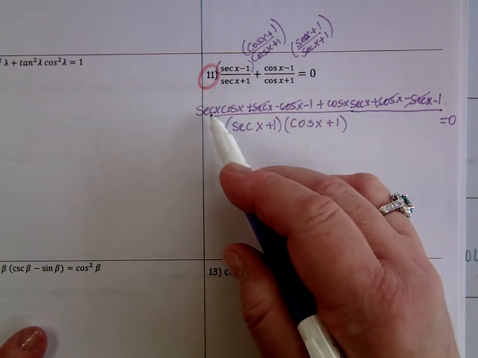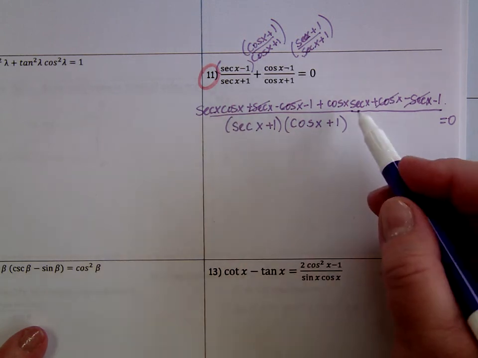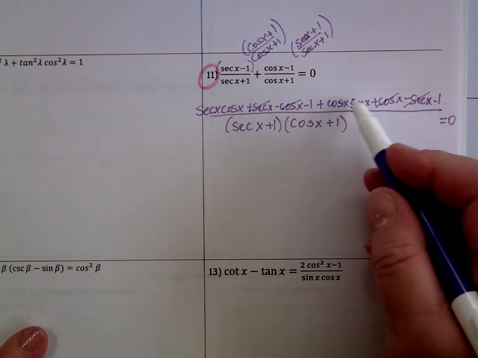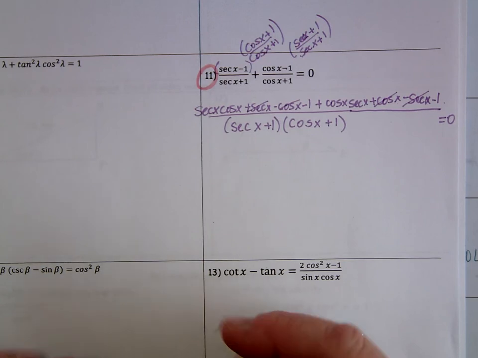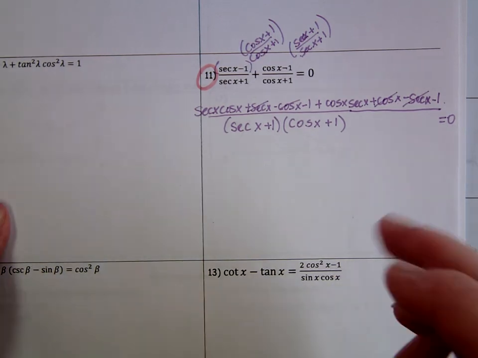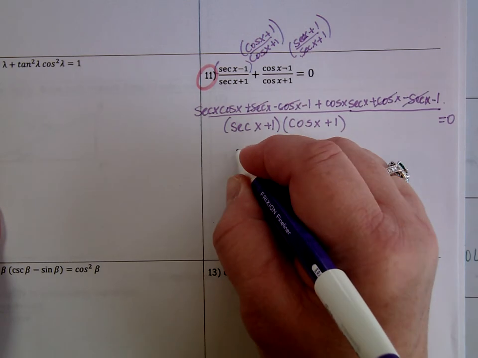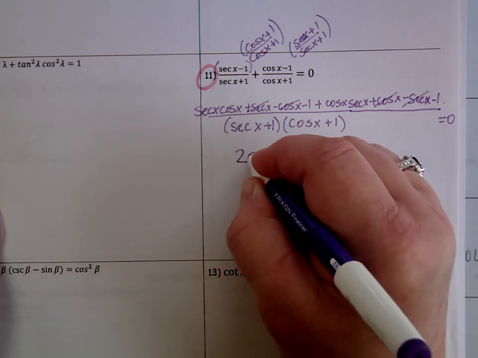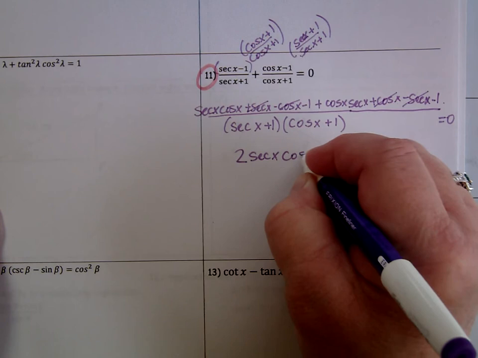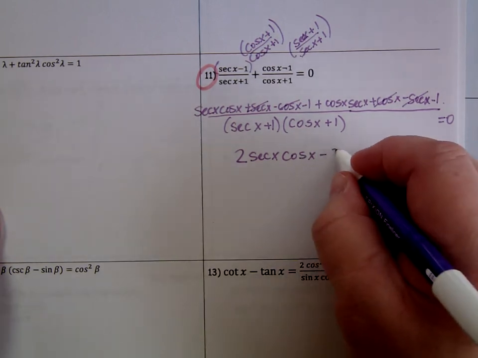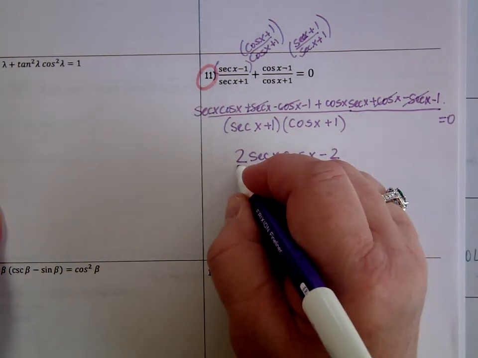I have a secant of x cosine of x and a cosine of x secant of x. They're the same thing, it's just they're inverted, written backwards, but they're both the same terms. So what I really have is this. I have a 2 secant of x cosine of x minus 2 all over my denominator.